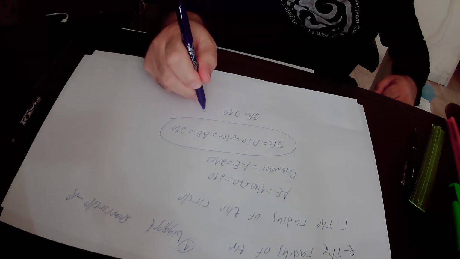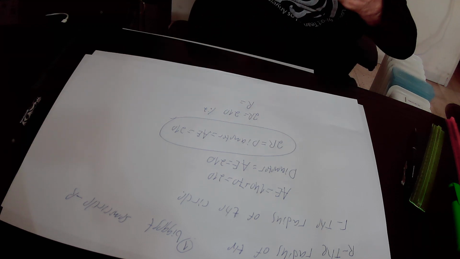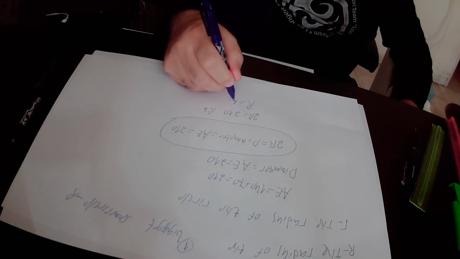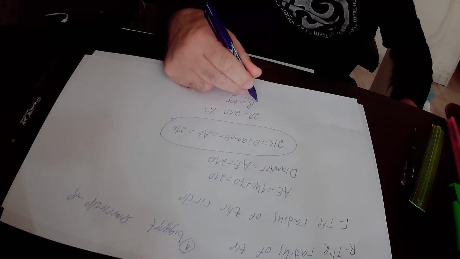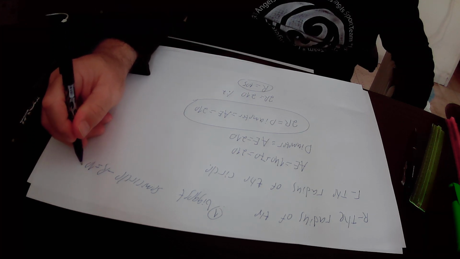Here we will divide this equation by 2 and we will get that capital R, that is to say the radius of the biggest semicircle, equals to 210 over 2, that is 105 units. Okay, capital R equals to 105 units.